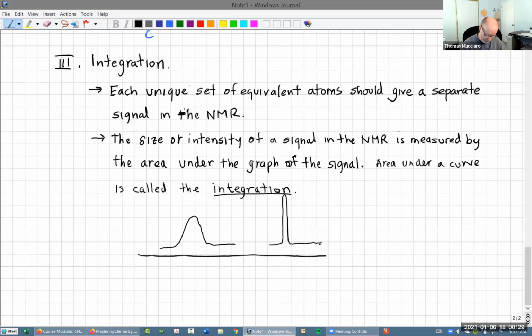So here's an example of 2 curves. So what we're basically saying is it's the area in that section of the curve.